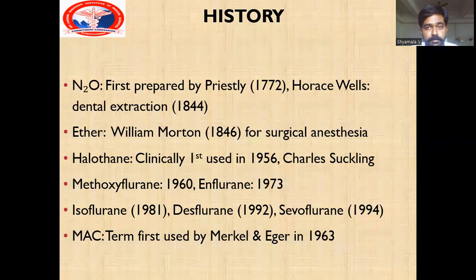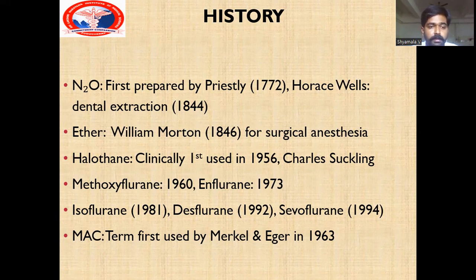So, a little bit about the history. Nitrous oxide was first prepared by Priestley in 1772. Wells used it in 1844 for dental extraction. Nitrous oxide, you all know, is a laughing gas. Why we call it laughing gas, we'll discuss in the coming slides.